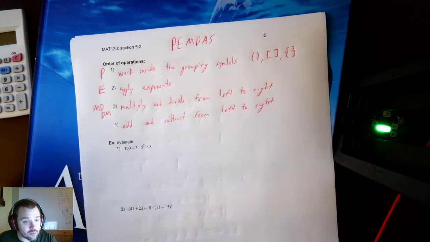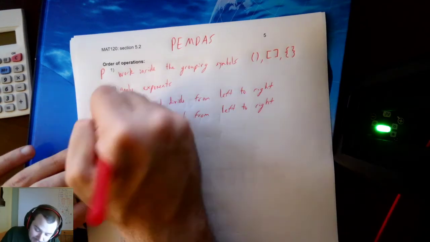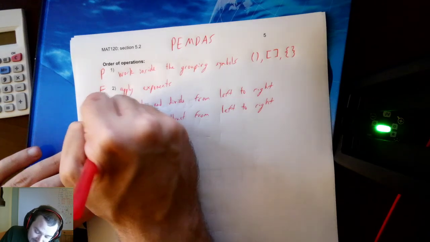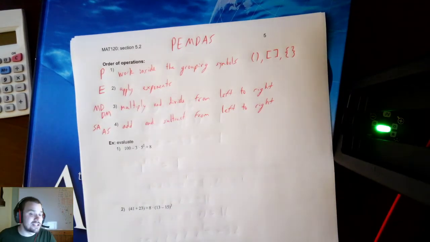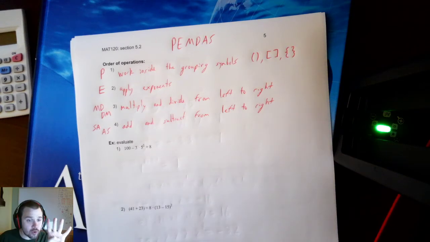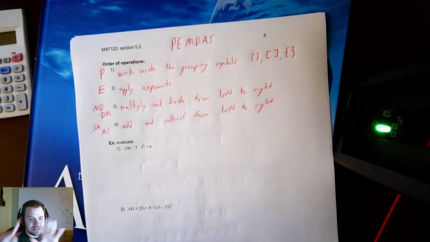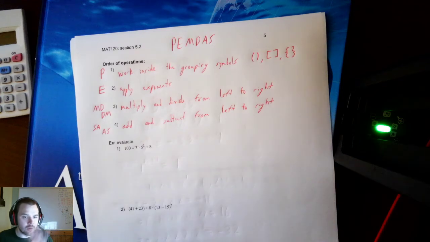I go left to right. And similarly, this could be subtract then add, or add then subtract. PEMDAS is misleading. There's only 4 steps in the order of operations, not 6. Only 4.